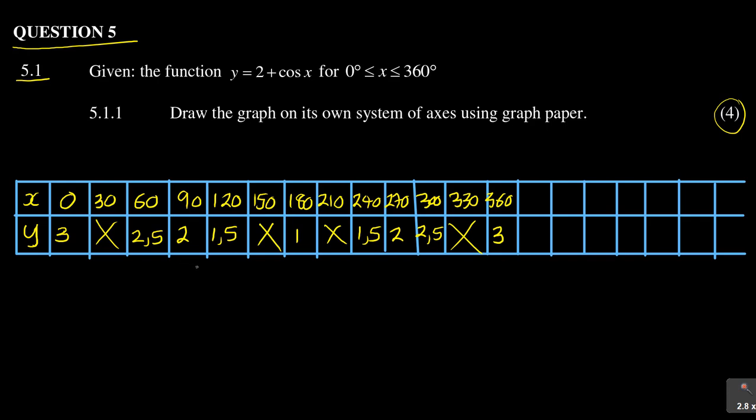Now what I need to know is my lowest value of x. This is my lowest value LV, and this is my highest value HV. Also, if you look at the y values, similarly, the highest value in this case is 3, and the lowest value that I'm getting is a 1, which is my LV.